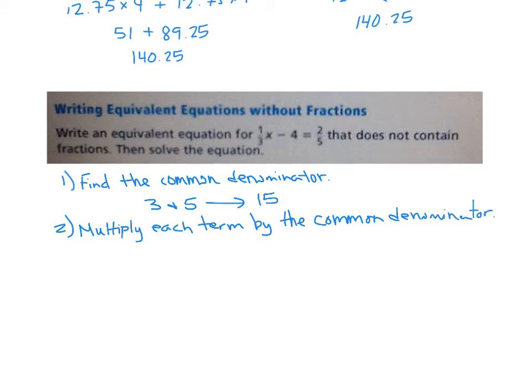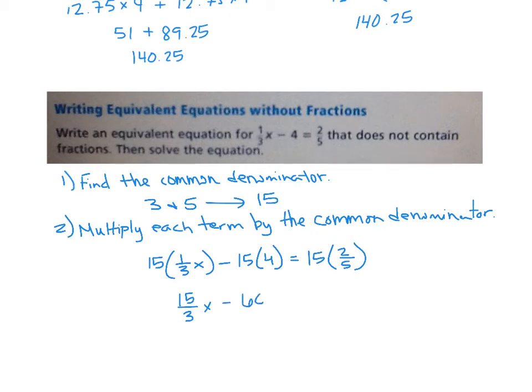So how we do that is we take 15 times 1/3 x minus 15 times 4 equals 15 times 2/5. All right? And then we have 15 times 1 over 3x minus 15 times 4, which is 60, equals 15 times 2, which is 30 over 5.